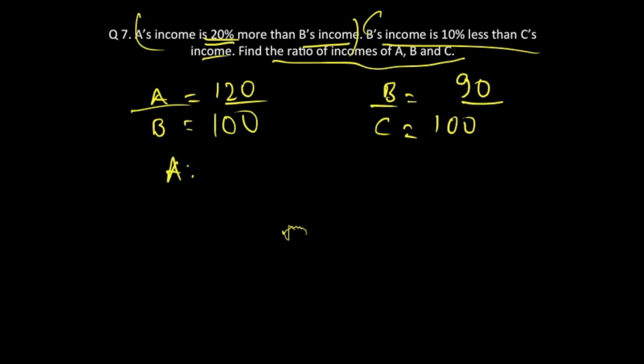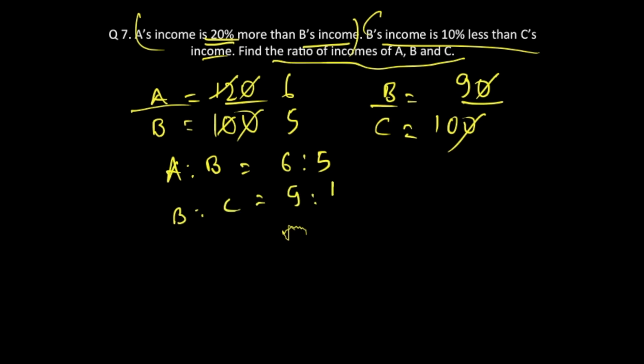A is to B is 120 is to 100, you cancel these things, 0 gets cancelled out, 2 times 6, 2 times 5. So A upon B is 6 is to 5. This is the ratio of the incomes of A and B. Similarly, for B and C, you can write them as 9 is to 10.